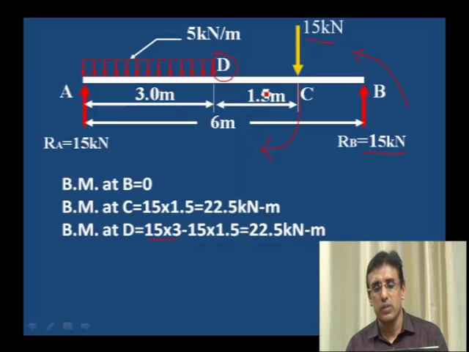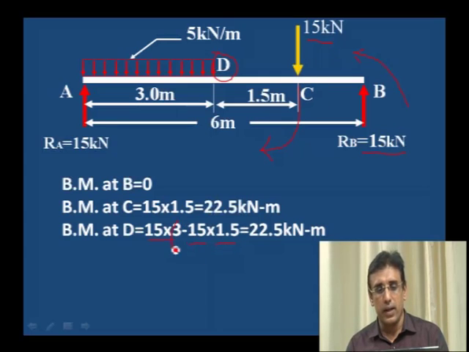B to D distance is 3 meter, because A to D is 3 meter, the balance is 3 meter, therefore the moment is 15 into 3. Next one more point load 15 kilonewton, which is acting at a distance of 1.5 from the D. Therefore 15 into 1.5 is the moment due to the point load.